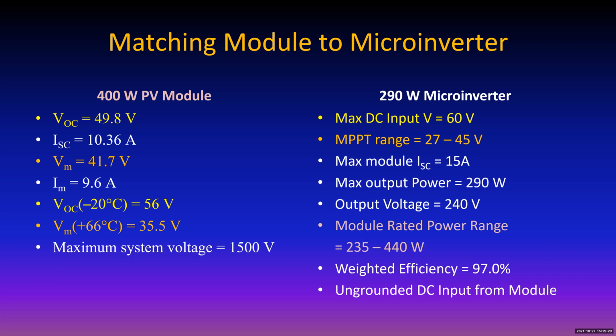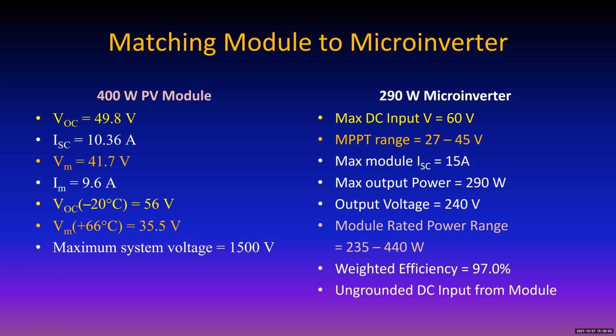Output voltage of 240. So any modules in the power range from 235 to 440 are perfectly happy with that microinverter. And so the 400 watt module is perfectly happy with that microinverter. Efficiency of 97%, that's not half bad, converting 97% of the electricity at the input to useful AC power at the output.